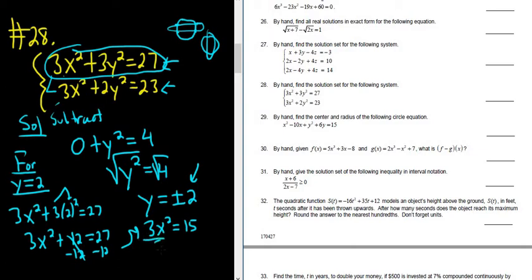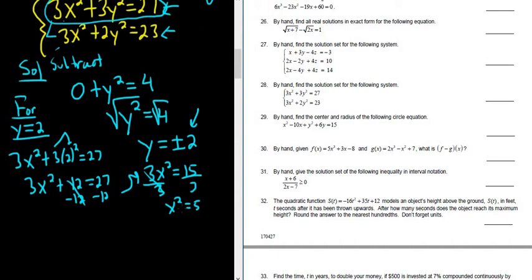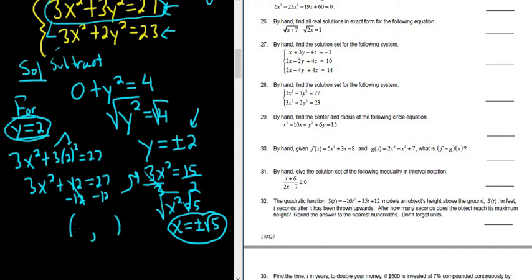Then divide by 3, so we get x squared equals 5. And then to finish solving for x, you would take the square root, and then you get x equals plus or minus the square root of 5. So two answers are when y is 2, x is plus or minus the square root of 5. So we have to write that as an ordered pair. The x goes first, so plus or minus square root 5. And then we said the y was 2. So that's two of the answers.